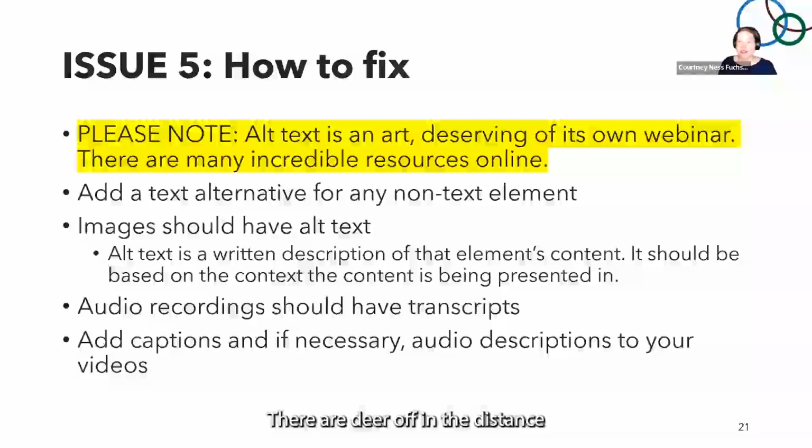There are deer off in the distance, and there is a hunter crouched down with a bow and arrow ready to shoot. So a sighted user would be able to see that on the screen. A non-sighted user hears that audio description and they know the context of where that is happening.